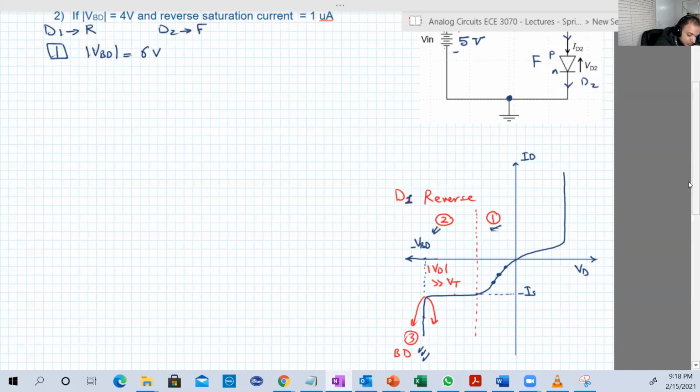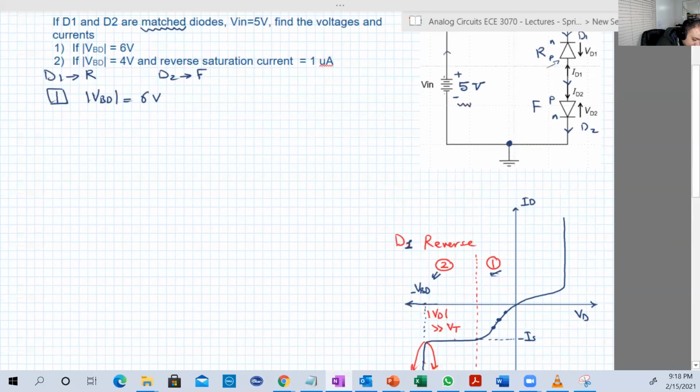Just look at the input. The input is 5 volts, and the breakdown is 6 volts. And again, as I said last lecture, for a diode to go into breakdown, it needs the source, the battery of the circuit, to give the diode its required V breakdown.